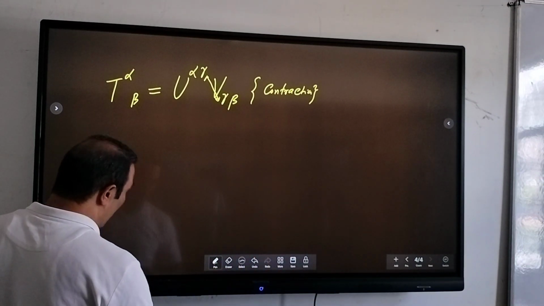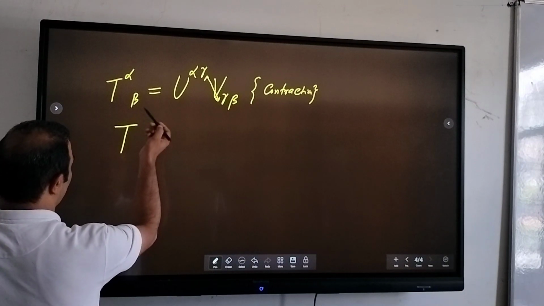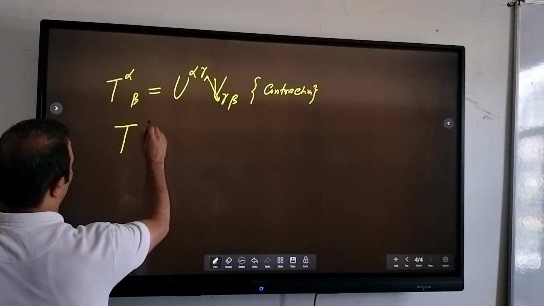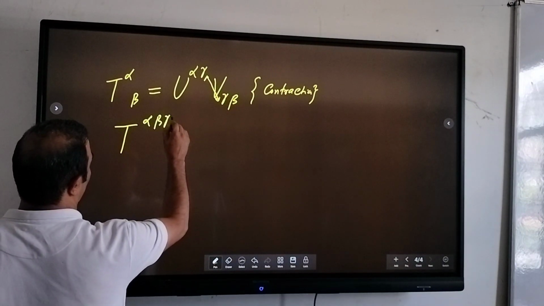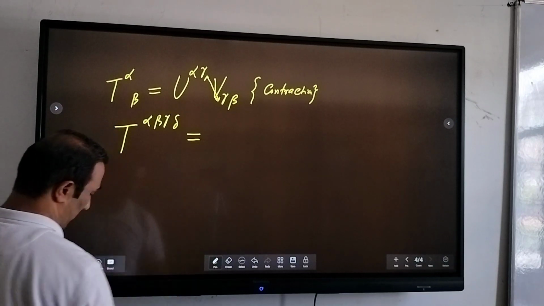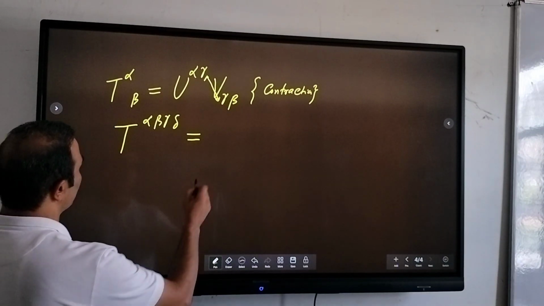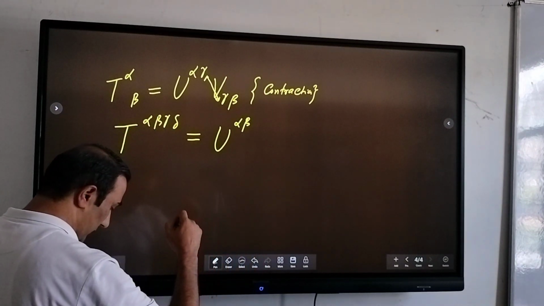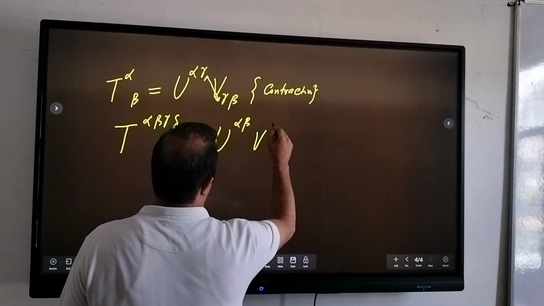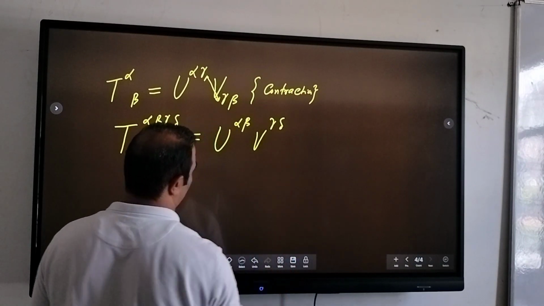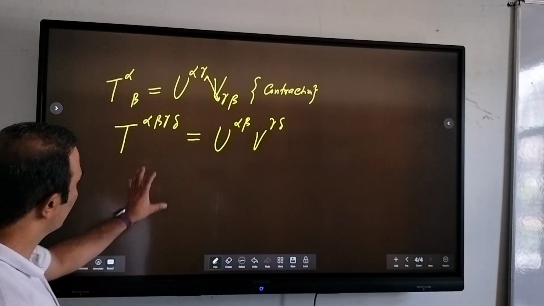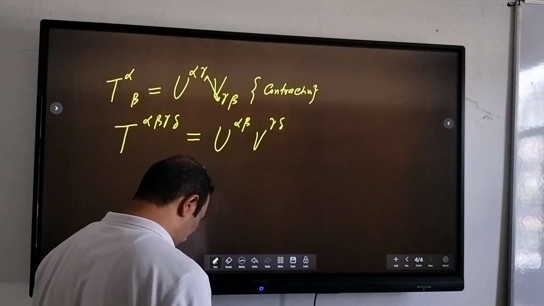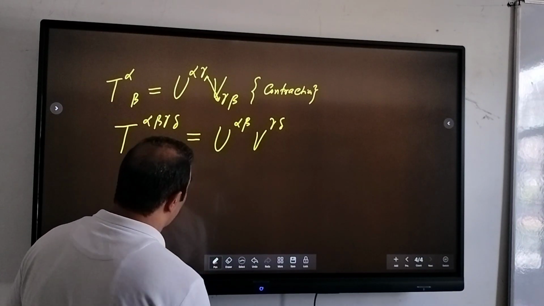And similarly, if we have some tensor of rank 4, like we have this alpha, beta, gamma, and delta, this can be written as a product of two tensors of different ranks, and some V of. So this is the tensor product.